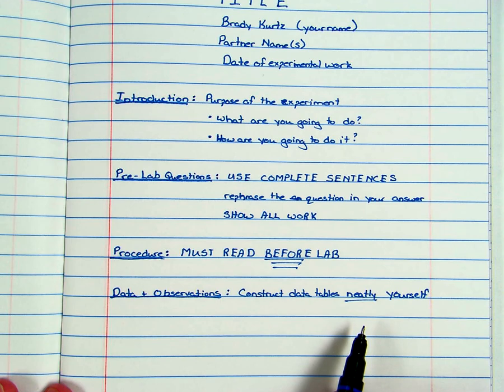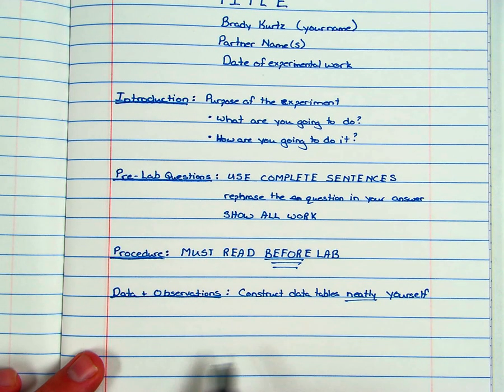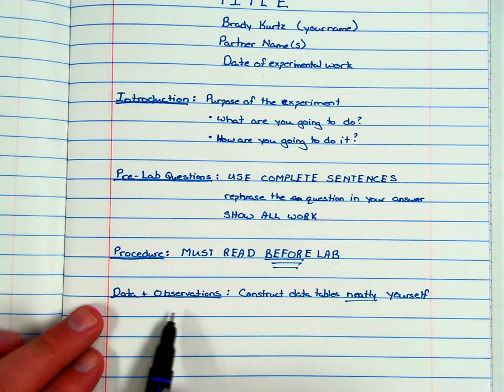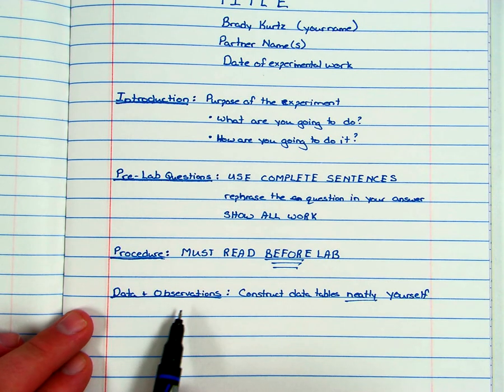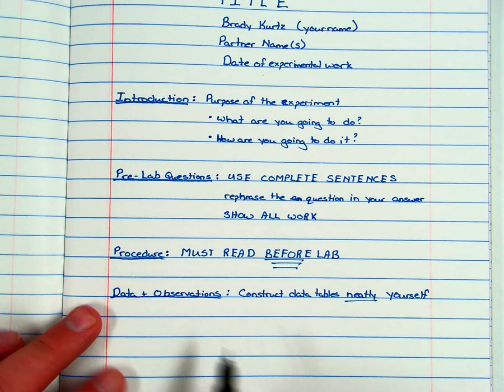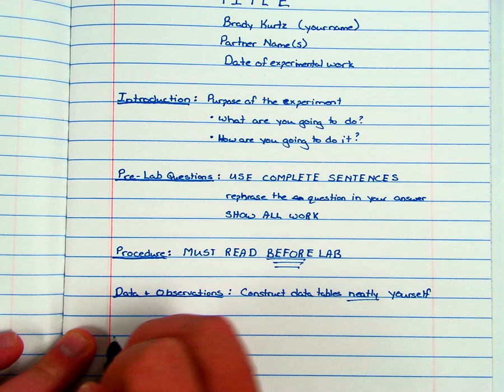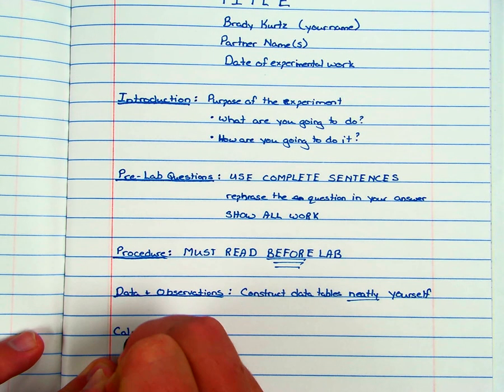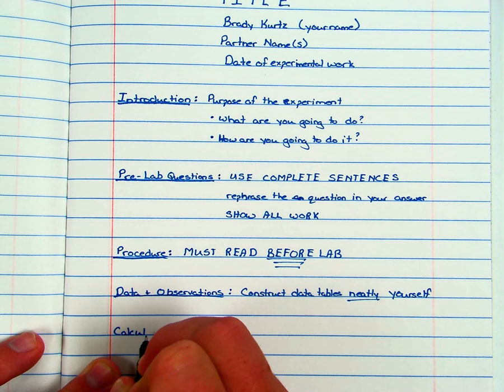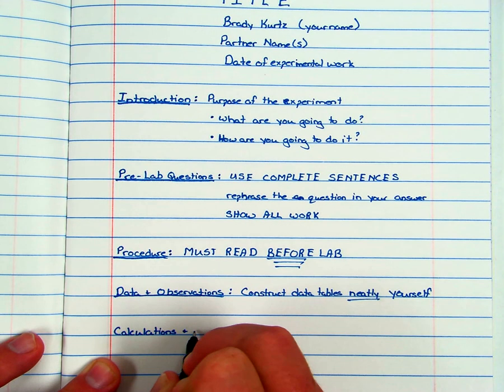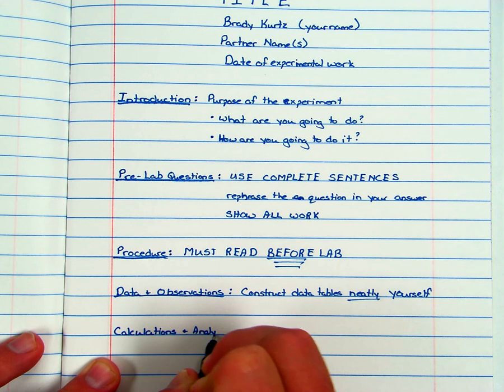After your data section and observations, so you'll obviously be recording stuff in there while you're doing the lab, after that would come calculations, and this obviously is not something that you would do before lab because you haven't done it yet. We have calculations and analysis. Okay, and really this is very similar to the pre-lab questions.